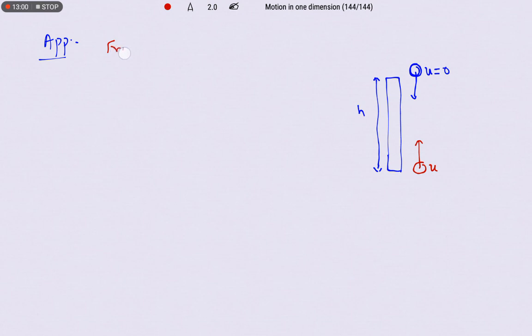From a tower of height h, an object is freely falling.